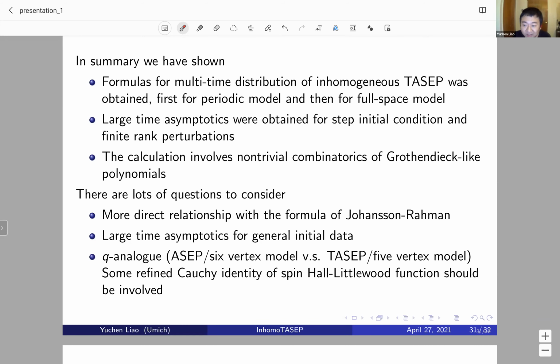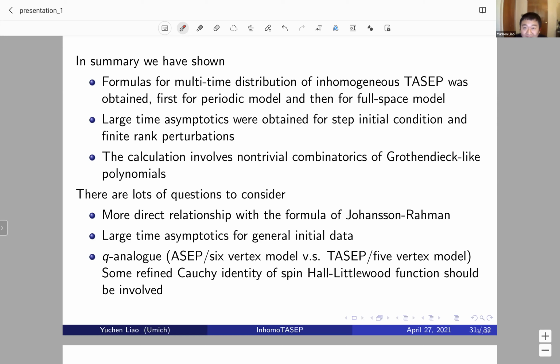But I just couldn't find a Cauchy identity in the existing literature for spin Hall-Littlewood that degenerates properly to the one I have at this moment when q goes to 0. Maybe if the audience know something like this.